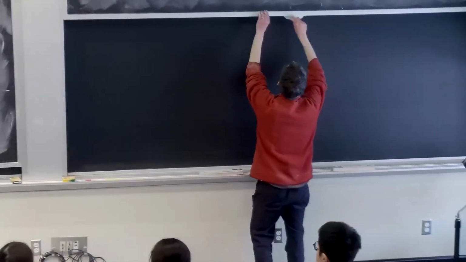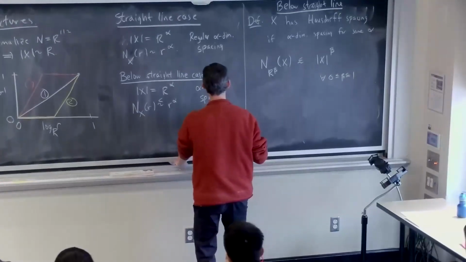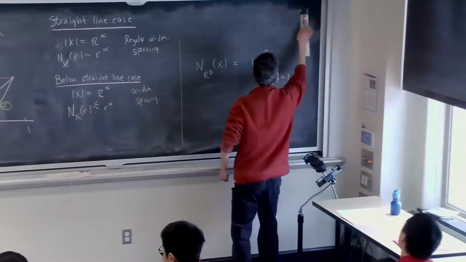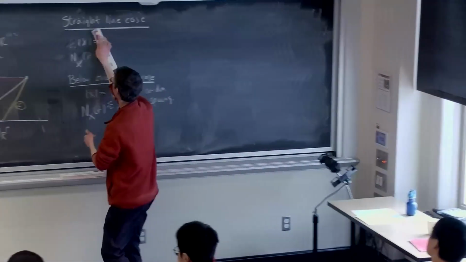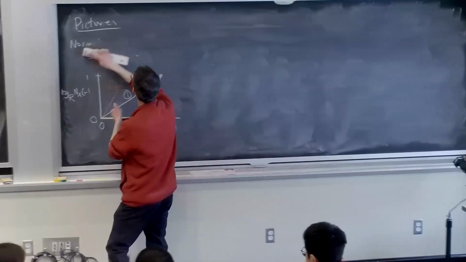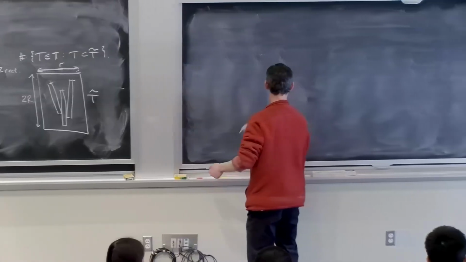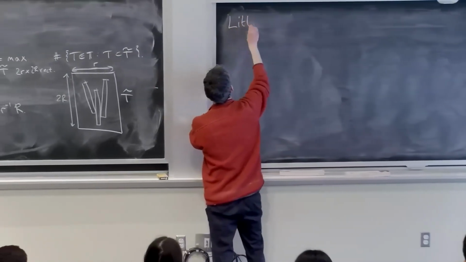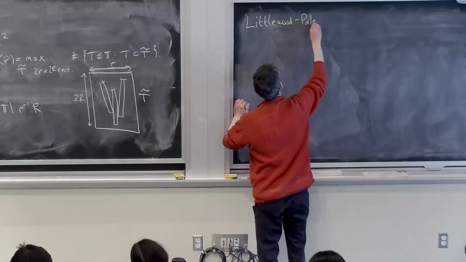So the F sub r comes from Littlewood-Paley theory, where you can take any function and break its frequencies into dyadic pieces, the Littlewood-Paley pieces. And that's what we're doing here. Littlewood-Paley decomposition.